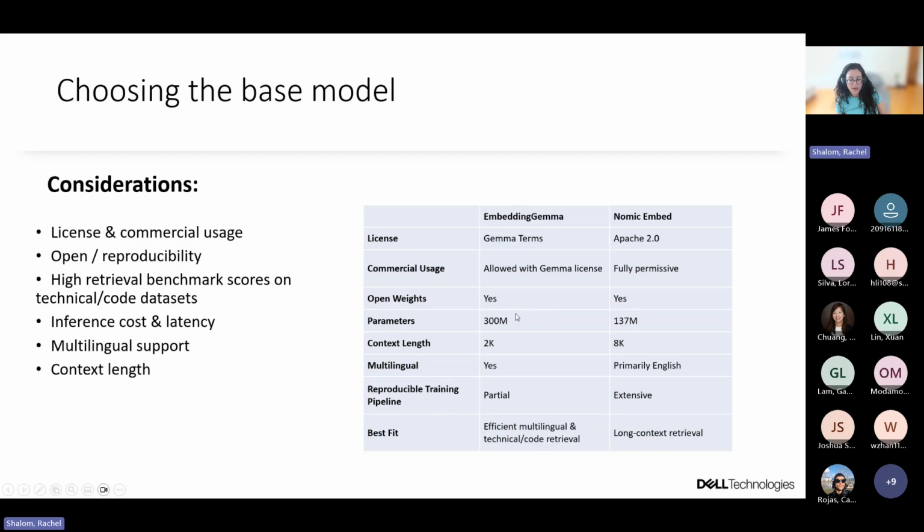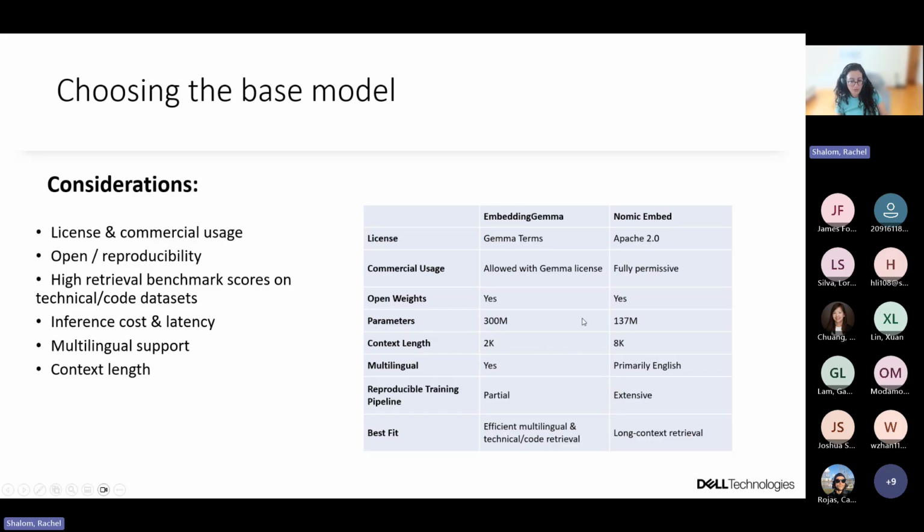They were both open weights, but Nomic is extraordinary. If you are interested in trying to train or fine-tune yourself, take a look at the Nomic website. They have extraordinary GitHub repositories with all the data, all the training code, everything, with, of course, the papers.